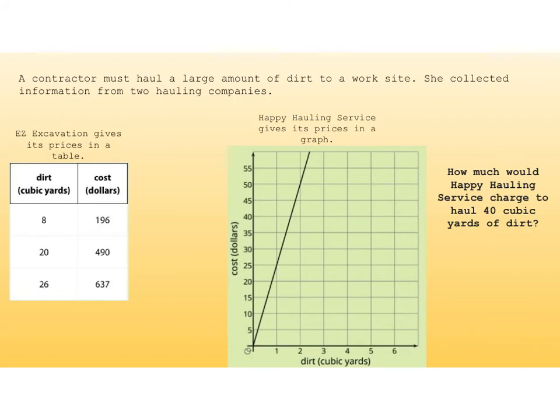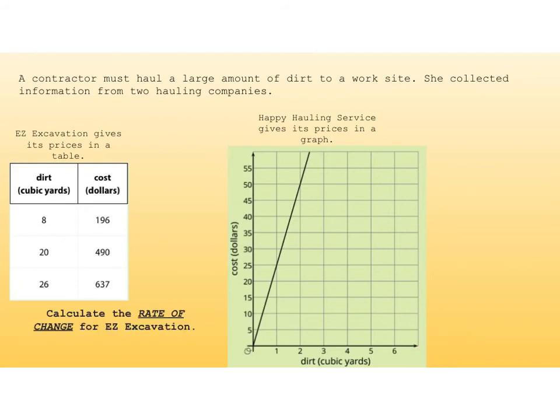All right. Now, we already found for Easy. Let's find for Happy. Our Y and our X. Okay, how much would Happy Hauling Service charge to haul 40 cubic yards of dirt? Now let's take a look. Calculate the rate of change for Easy. You guys did that already.